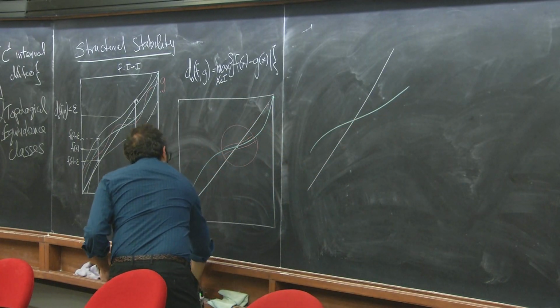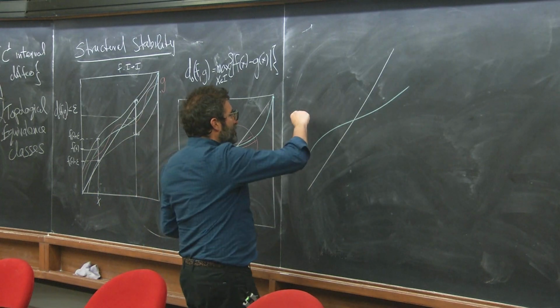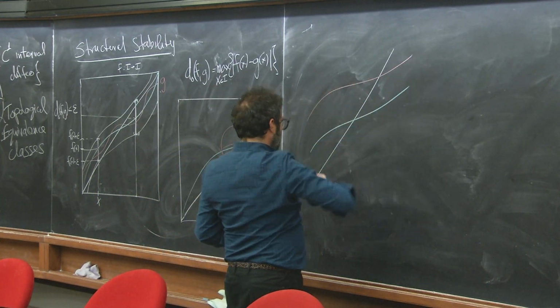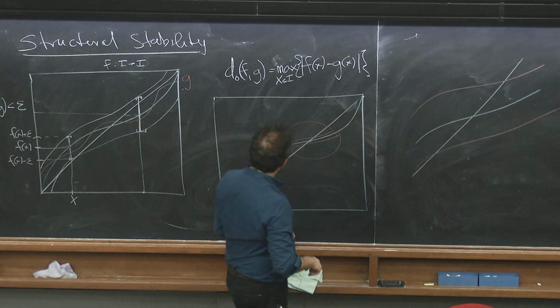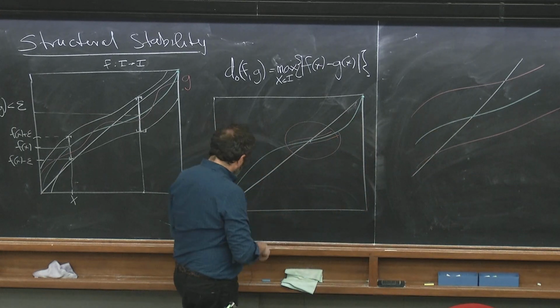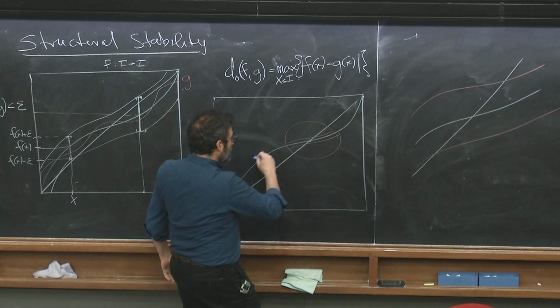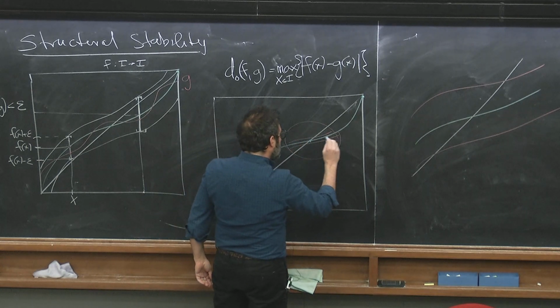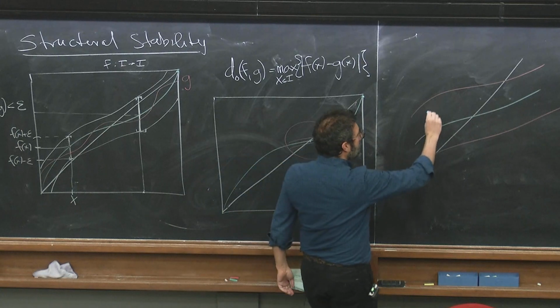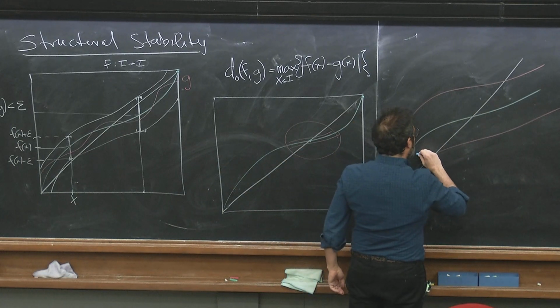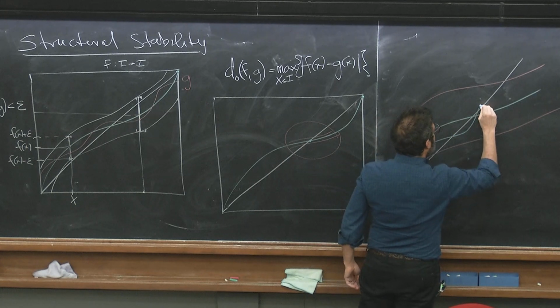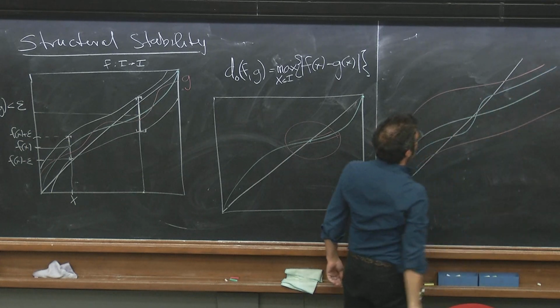And then you can see that small is, of course, just relative, right? So my epsilon is something like this, okay? And then all I need is to construct a map G whose graph stays inside this region, and it's very easy to see that I can stay inside this region and easily construct more fixed points.